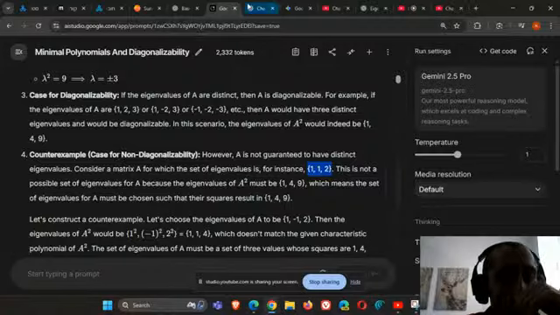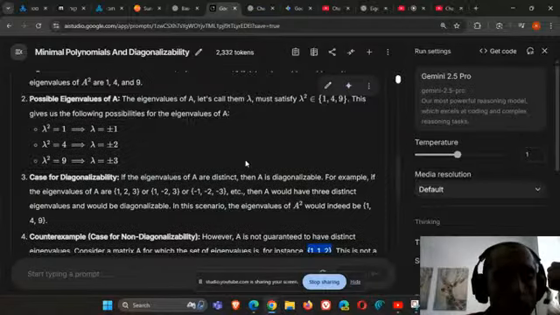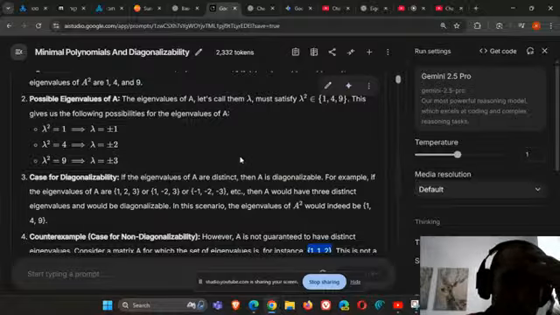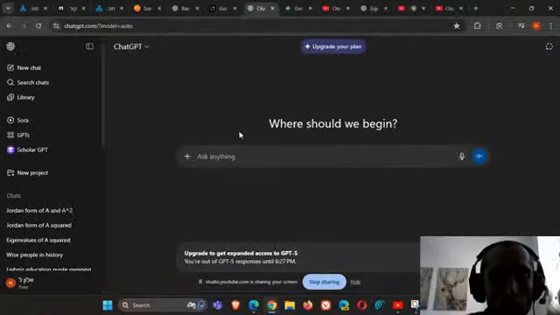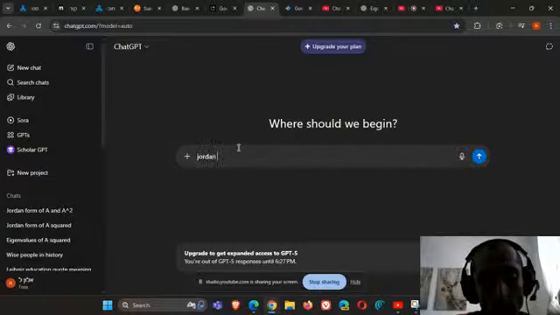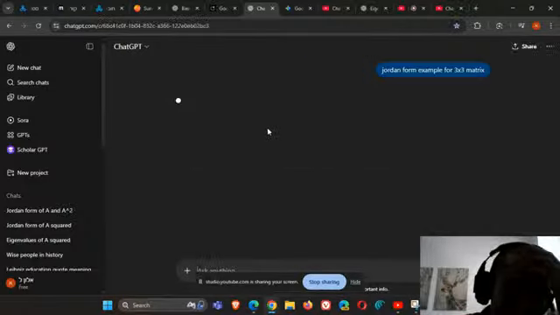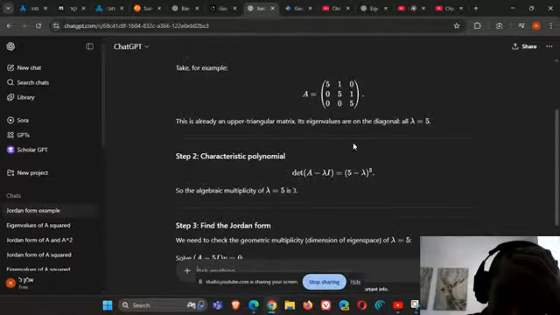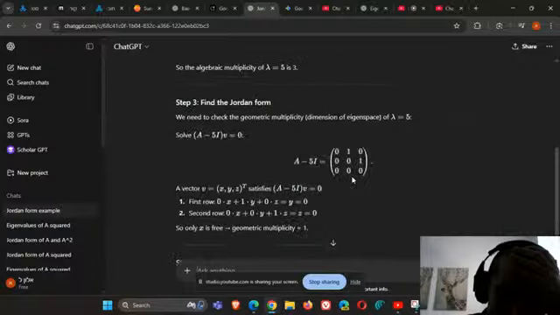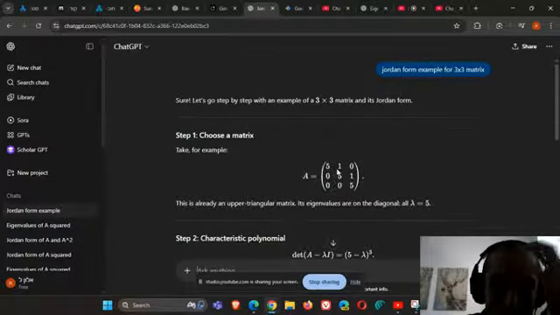The best idea comes from the diagonalizable form or the Jordan form of A. Let's not assume that A is diagonalizable, but I can find a Jordan form for A. If I take a Jordan form example for a 3 by 3 matrix, you will see this is already a Jordan form.